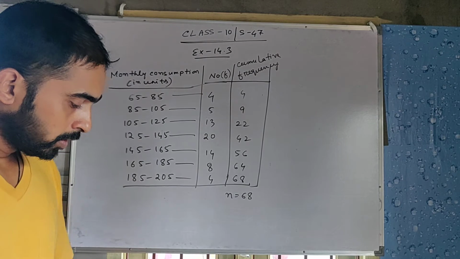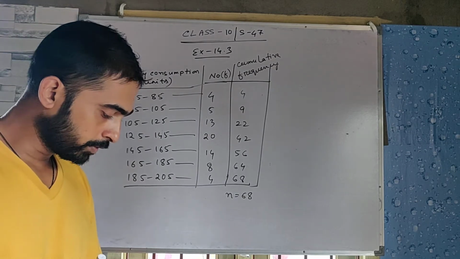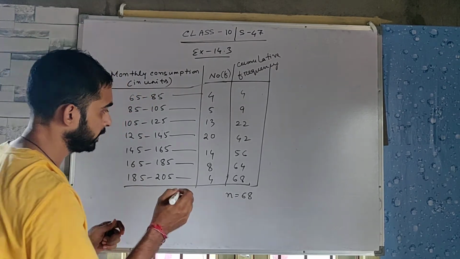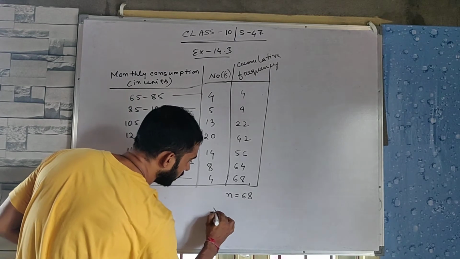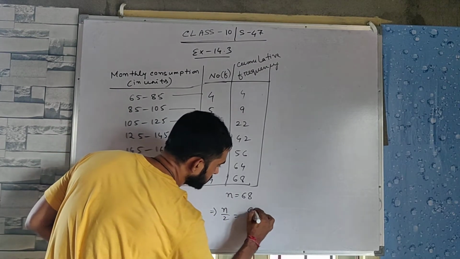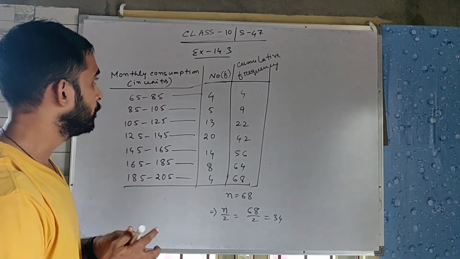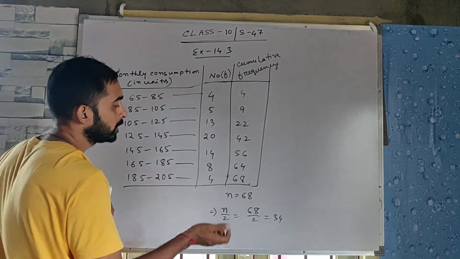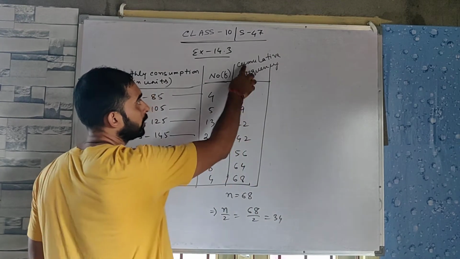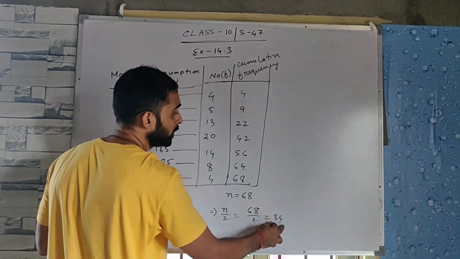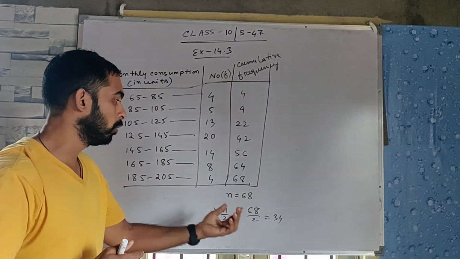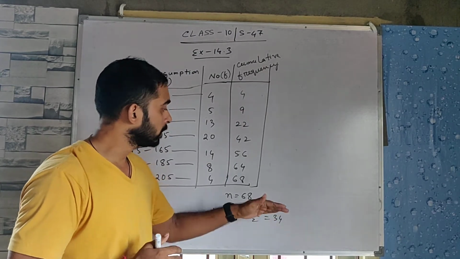Now to find the median, what is the formula? Here n equal to 68. n by 2 equals 68 by 2 equals 34. Now 34 is compared with the cumulative frequency, CF. The value of CF may be more than 34, but not less than 34.